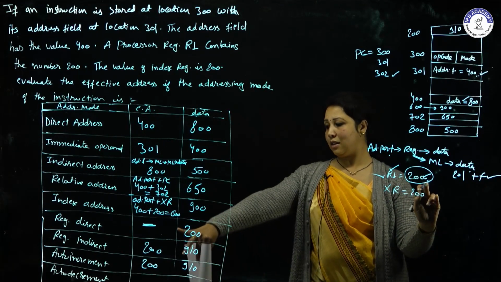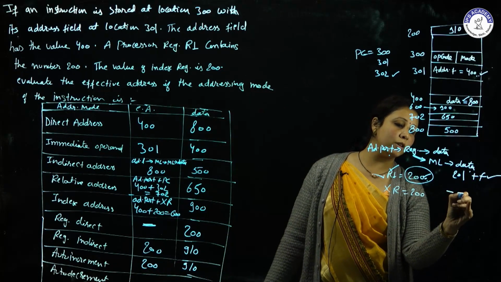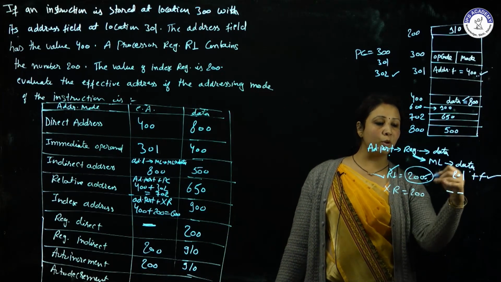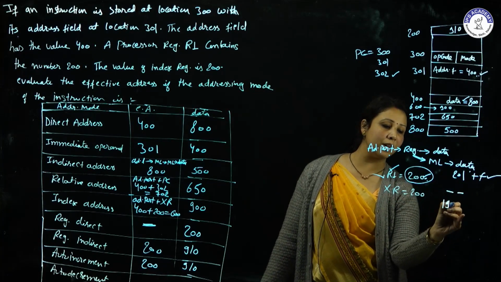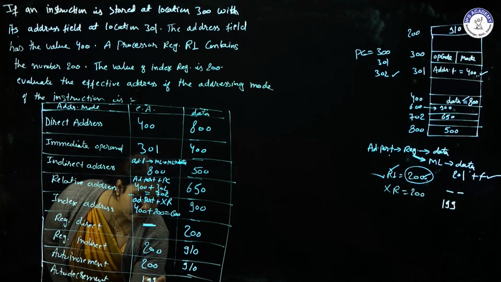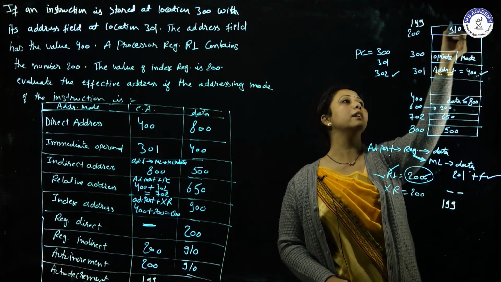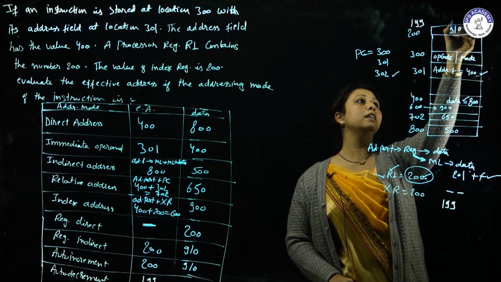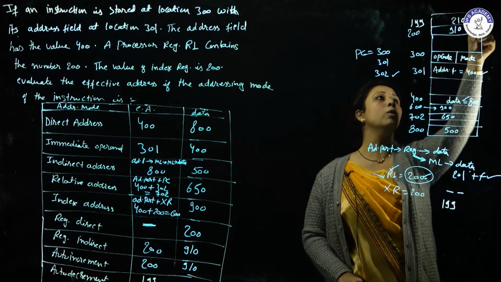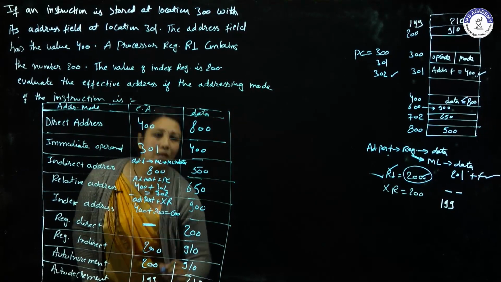But it is executed in auto decrement mode, so we have to decrement by 1 before accessing the data, so it becomes 199. So the effective address is 199 and whatever value is stored in location 199. Suppose 199 contains the value 210, so the data is 210.